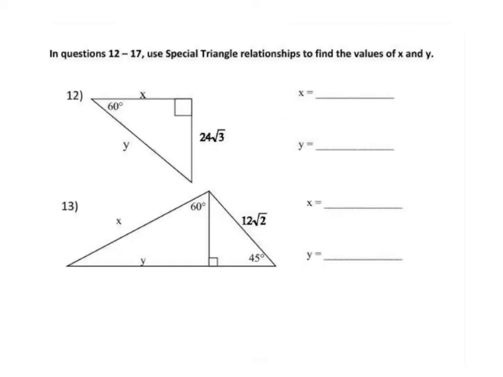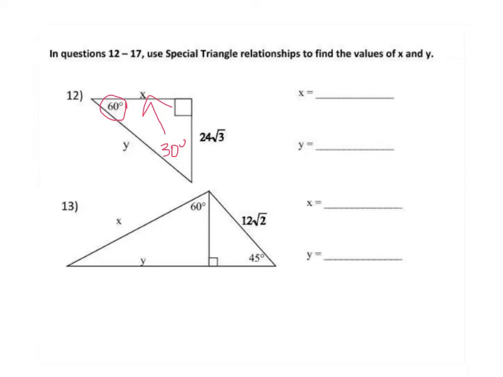So now moving on to number 12. Number 12 through 17, well, in this case we're just going to work on 12 and 13. So these are your special right triangles. So if this is your 60-degree angle, that means that this is your 30-degree angle. And therefore everything's going to be based off of this x. Well, notice that you have the long side.